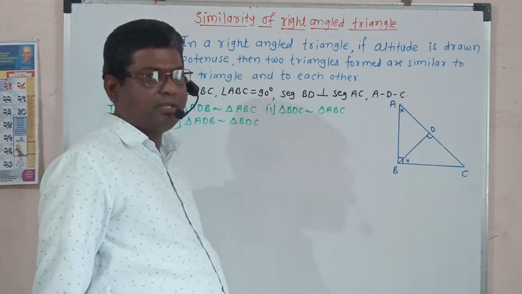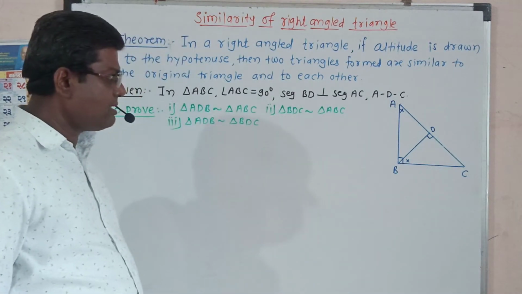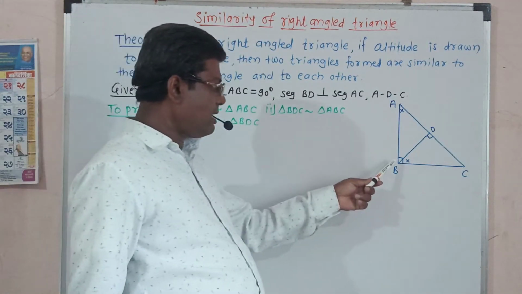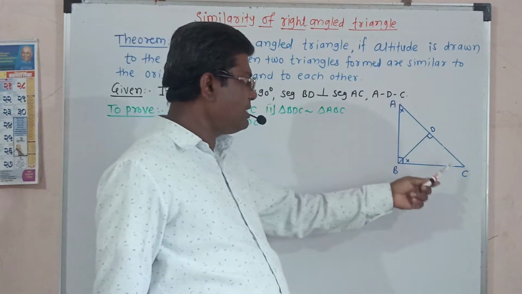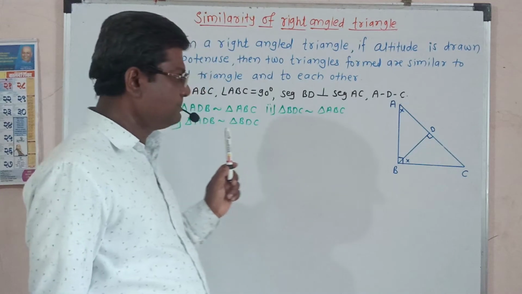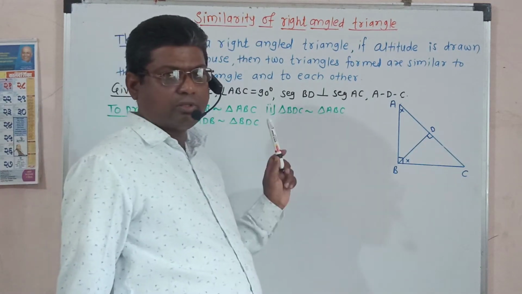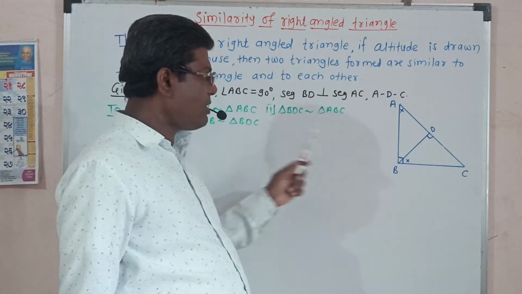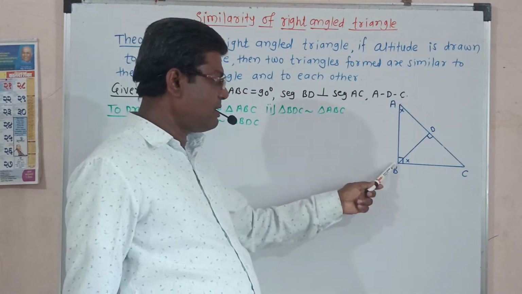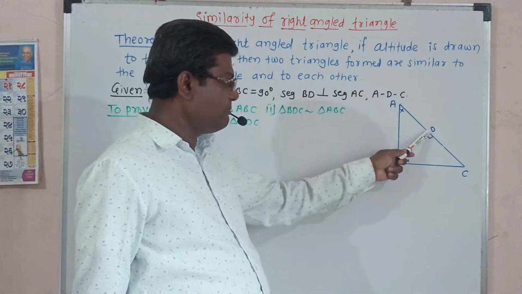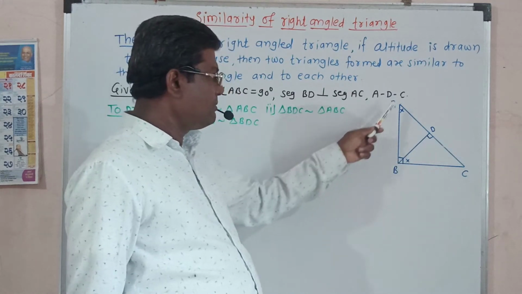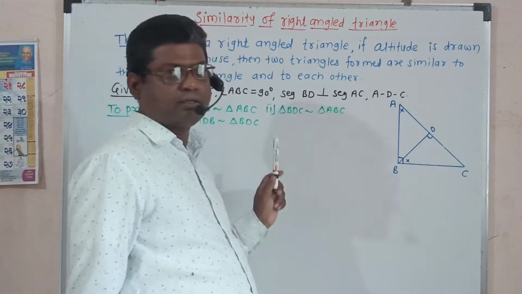Triangle ABC is right angled triangle and altitude BD is drawn on hypotenuse AC here. So there are three triangles formed: triangle ABC, triangle BDC, triangle ADB.